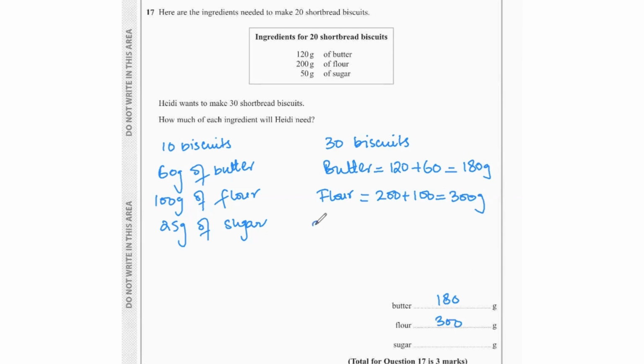And lastly, for sugar, that's 50 plus 25, which is 75 grams. An alternate method is that you can find the amount needed for one biscuit for each of the three ingredients, and then times that amount by 30 to get the amount for 30 biscuits. So you can either do this or that.